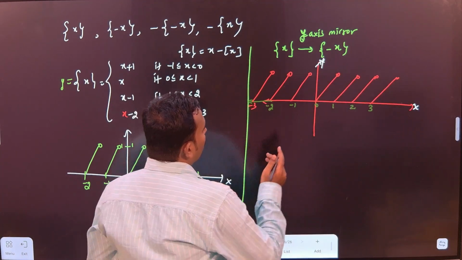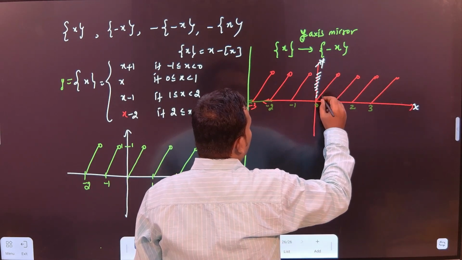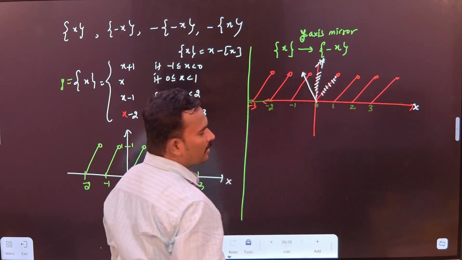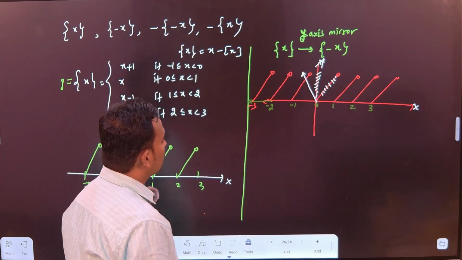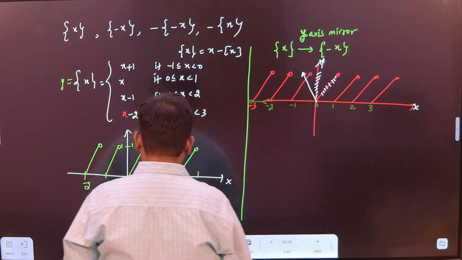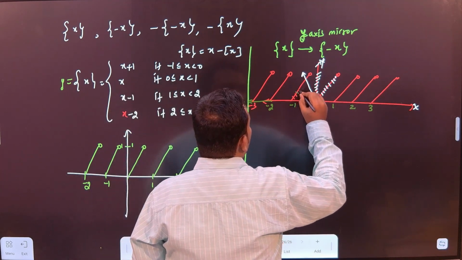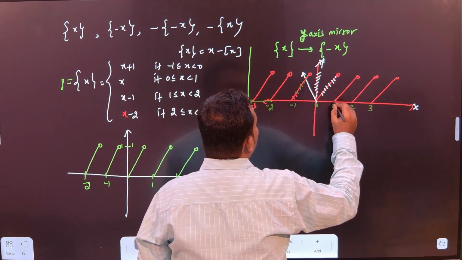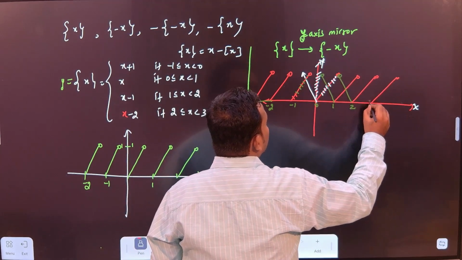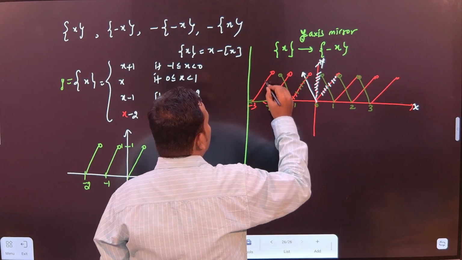So the y axis, how to take? You take this mirror, this portion is there, no, that means this will be reflected like this with respect to the y axis. And the same way you can see this one is there, no, this one will be reflected like this. So the same way you can do everything, these portions.